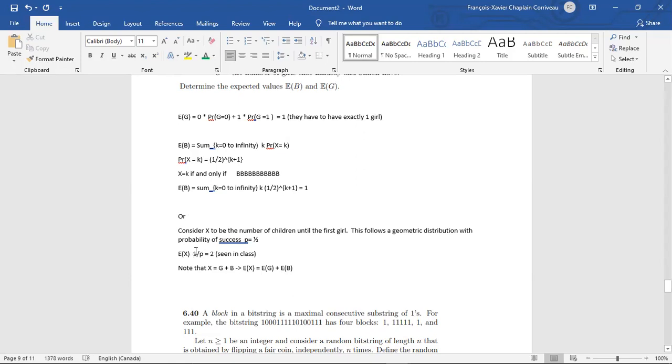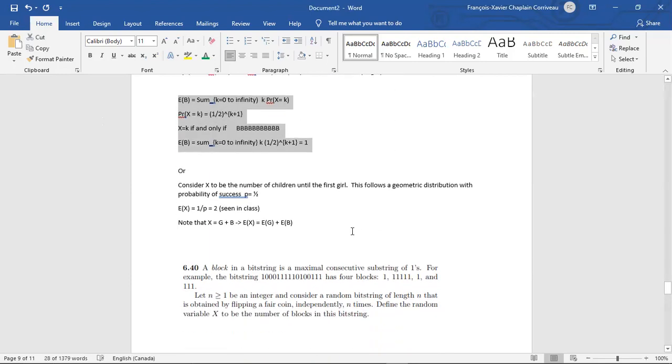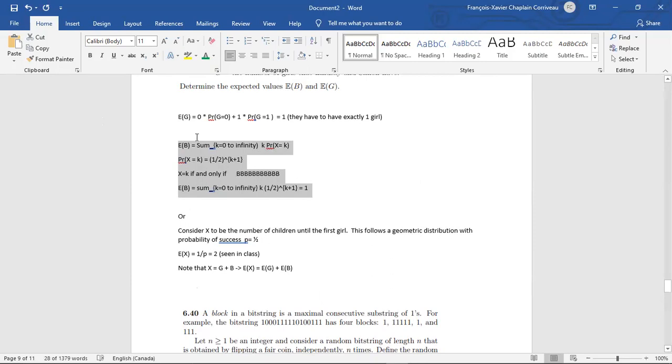So you can make use of that theorem. Again, there was nothing wrong with dealing with the definition, but here there was a way to avoid this.